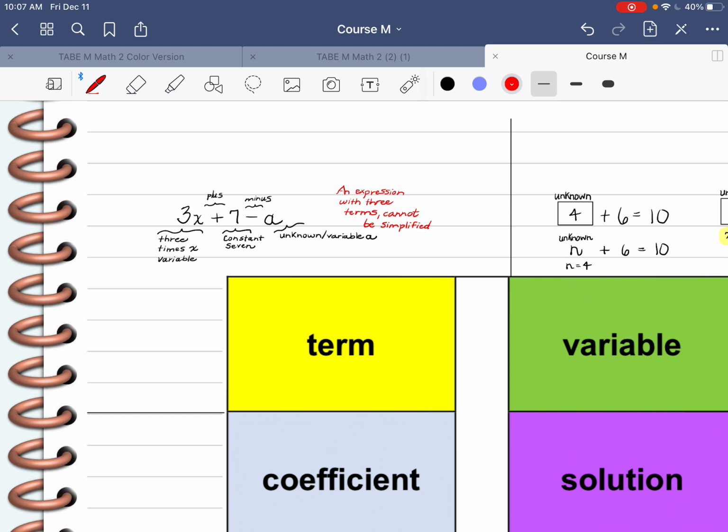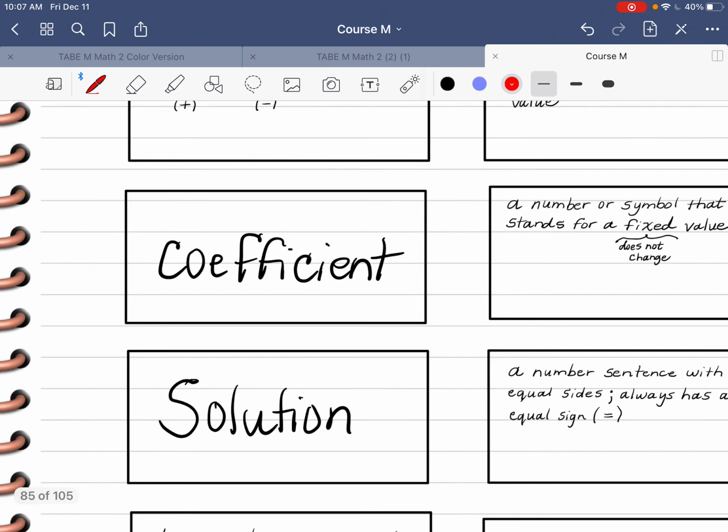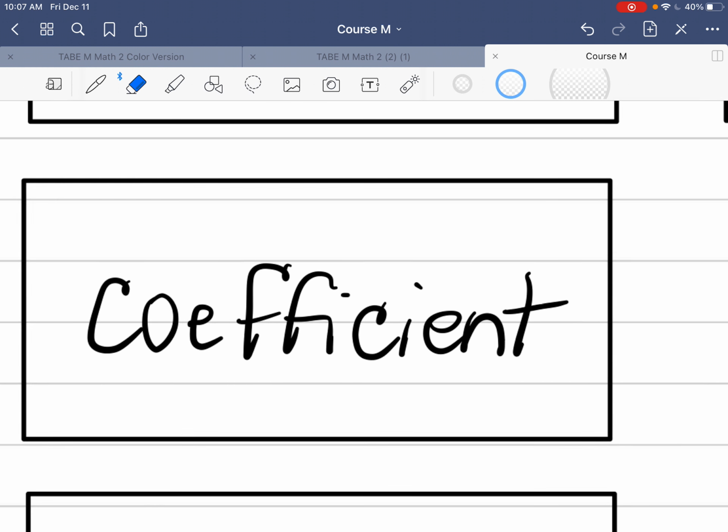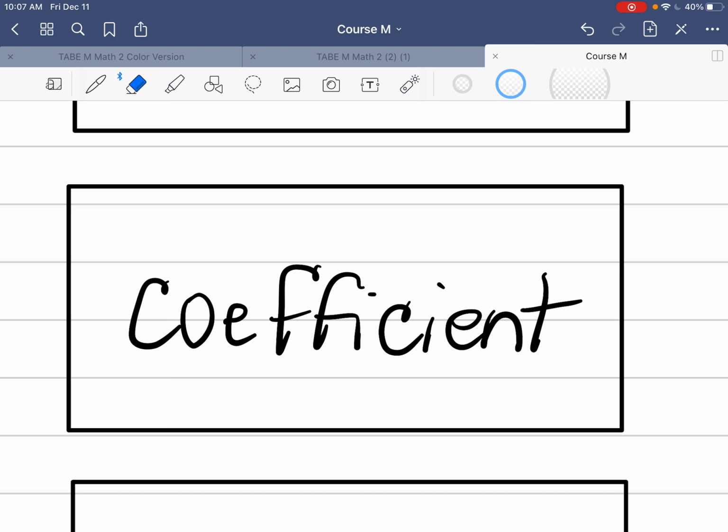All right, let's go ahead and tackle coefficient. That's a big old scary word, but it's really naming something quite simple compared to other things. So let's look at this term, coefficient.